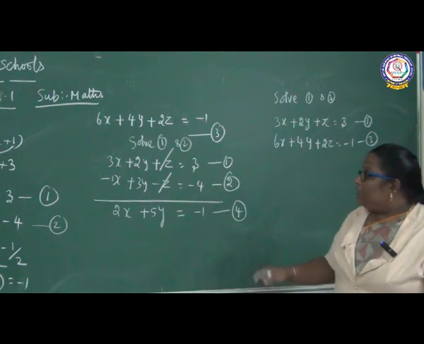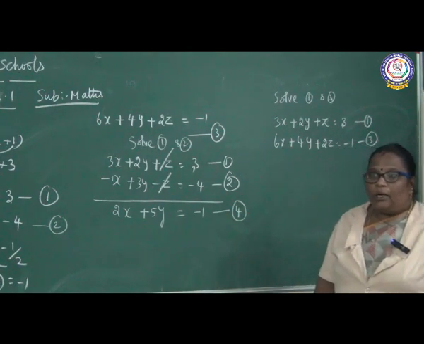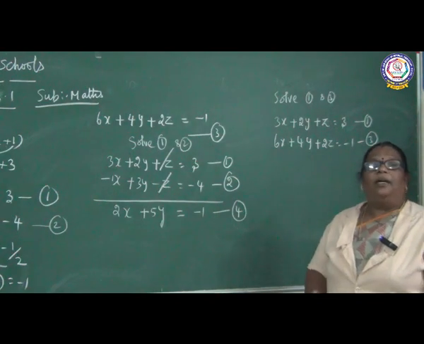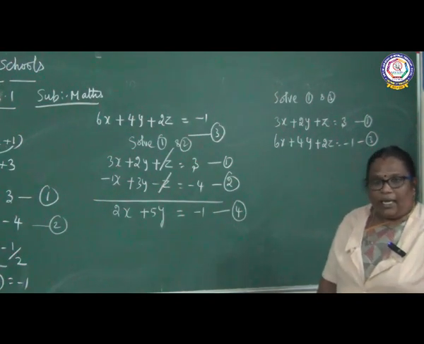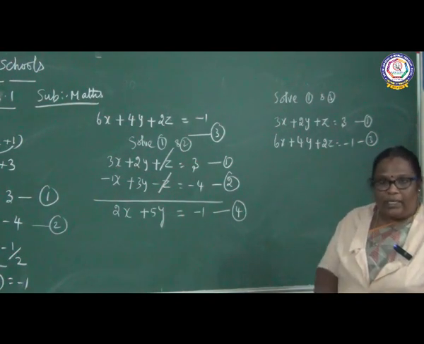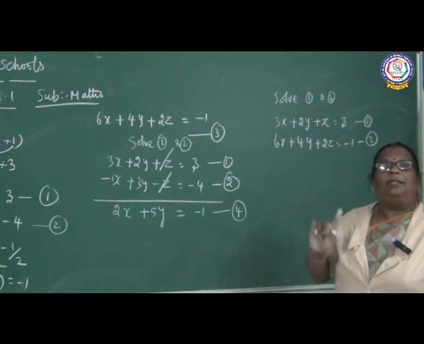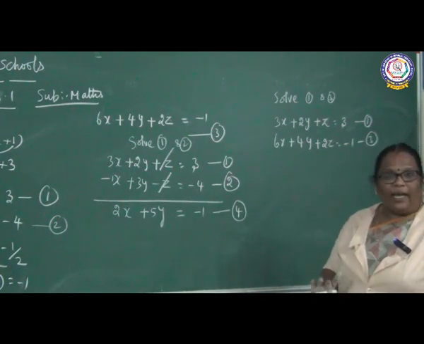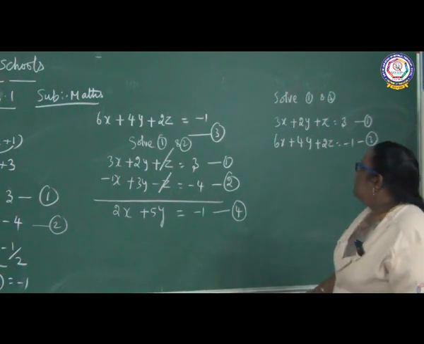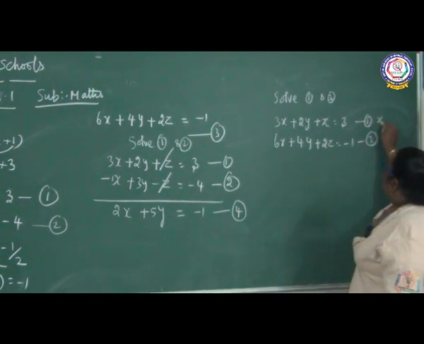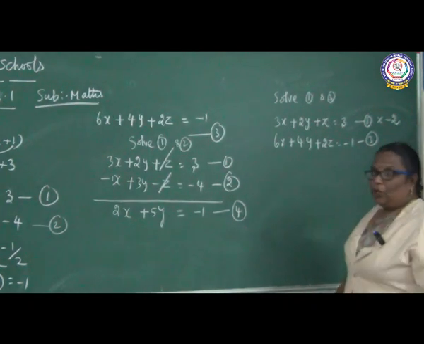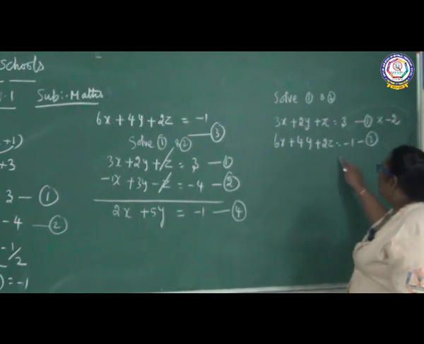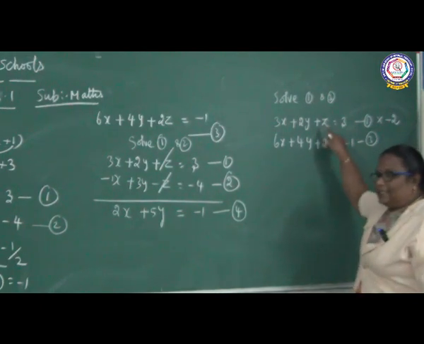From first and second, what term did you cancel? The z term. The same way you can proceed for 1 and 3, you cancel the z term. See here, multiply by minus 2, because this is 2z and this is plus z.